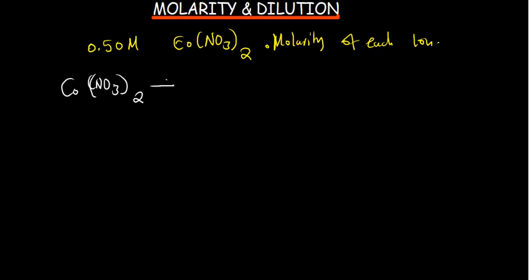So when this decomposes, it's going to decompose into cobalt and also nitrate. Now we know that nitrate has a charge of what? -1. The only way these two can come together is if this 2 was coming from this compound. That means the valence for this compound is 2, meaning that this one has a charge of +2.